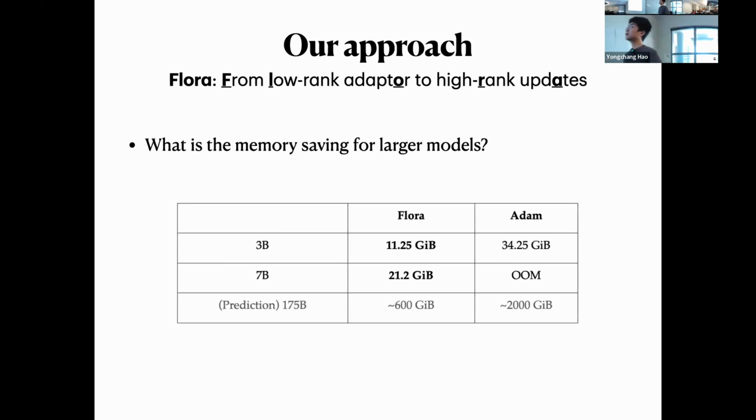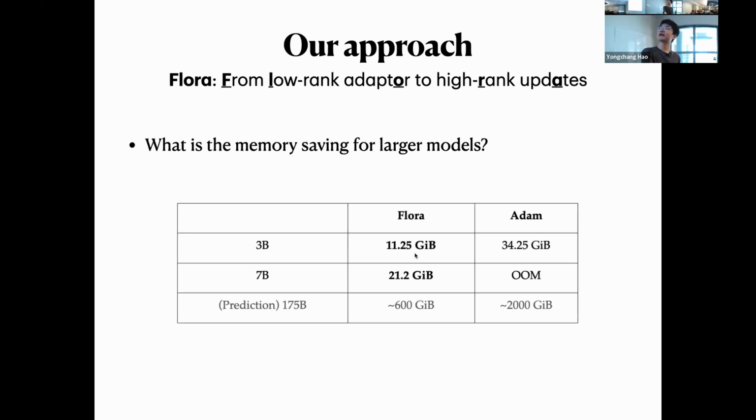And also for training larger models, the largest model that we trained in the paper is 3B. So if we go even larger, how much can it save in that scenario? Compared with Adam, this is the empirical result that we had on the 48 GB machine.